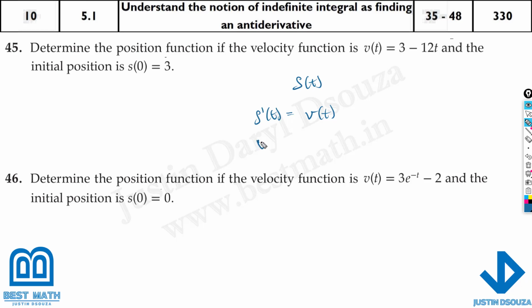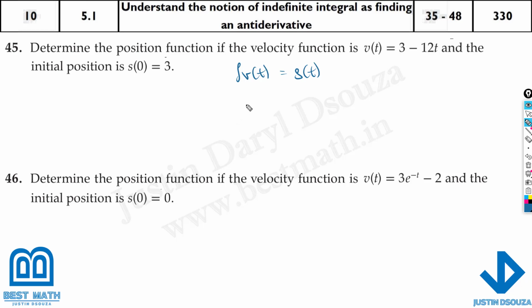And if you derived velocity, that was the acceleration function. Now, what do we have? We have velocity. We need to integrate it and get back to the position. That's it. So, integration of velocity would be equal to the position, because the derivative of the position is the velocity.